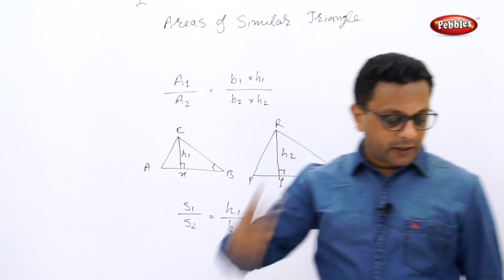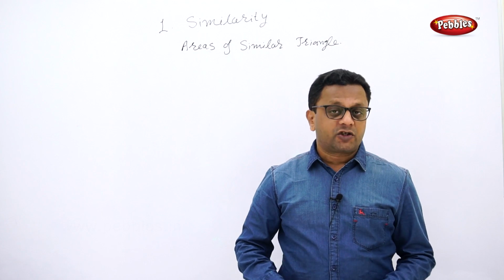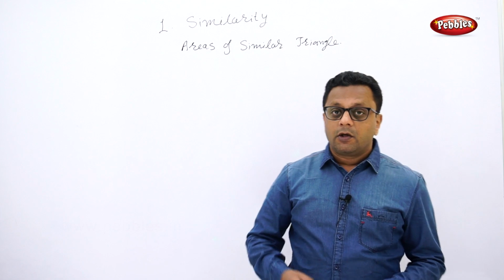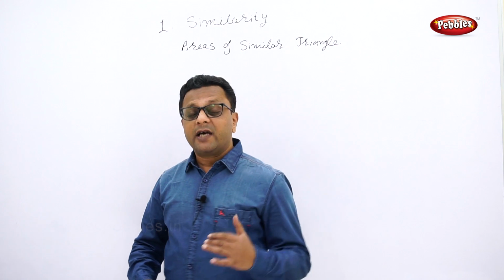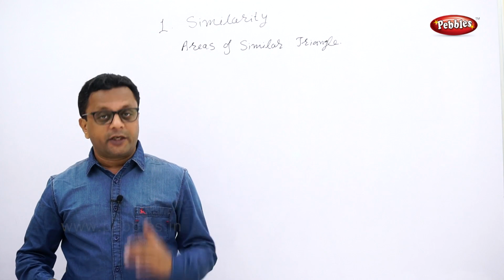Okay, let us go ahead. The theorem says that the ratio of areas of similar triangles is equal to the ratio of squares of the corresponding sides.